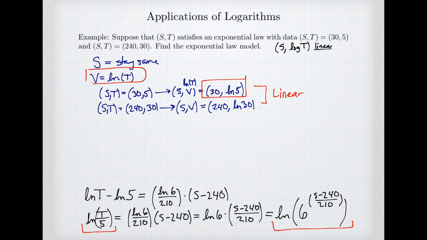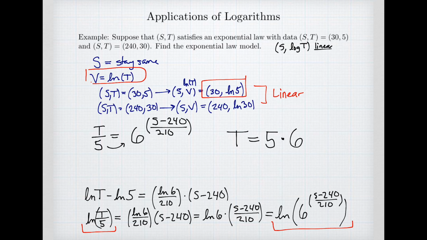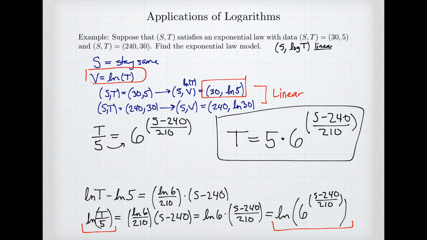And so we get t over 5 is the base 6 raised to the power s minus 240 over 210. And so if I multiply that 5 to the other side, I get a model t is equal to 5 times the base 6 raised to this power s minus 240 over 210. And that is an exponential model for my data.